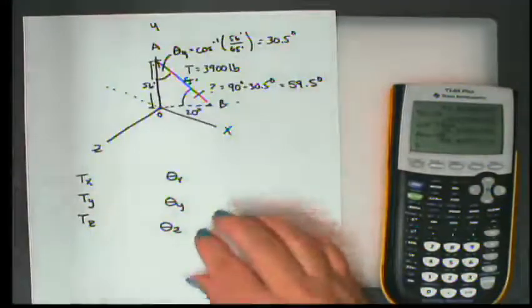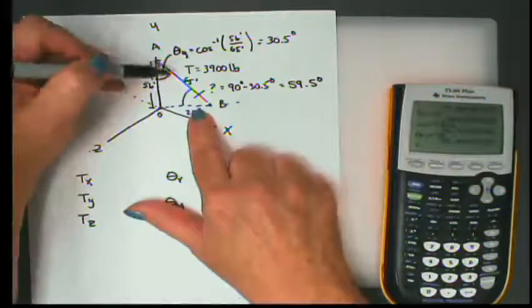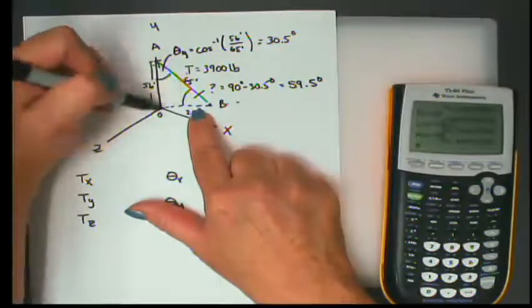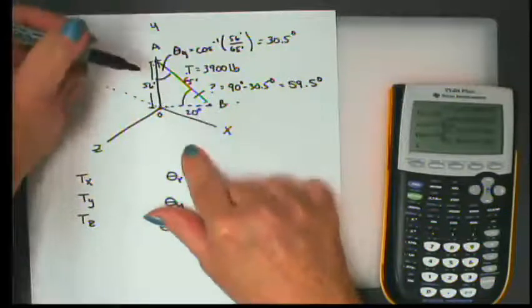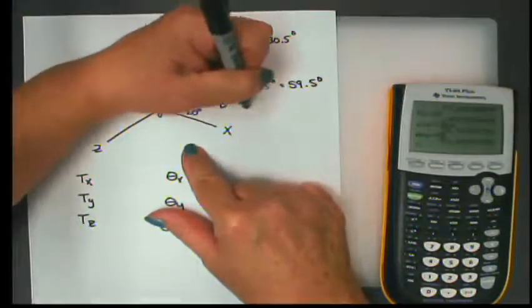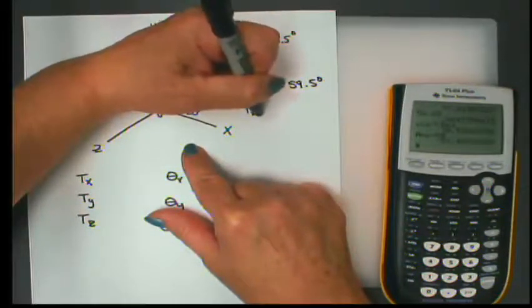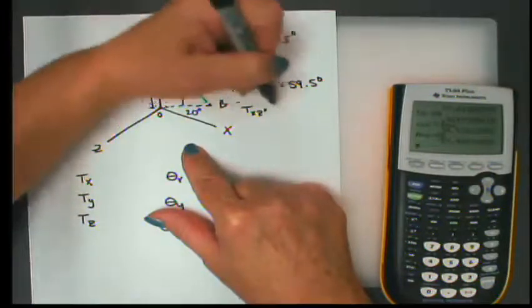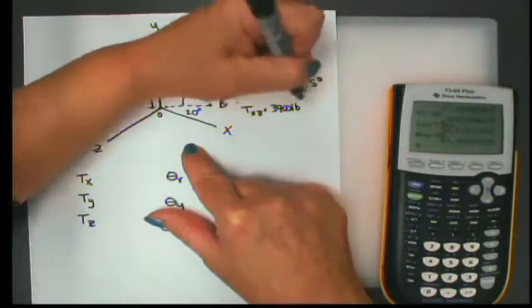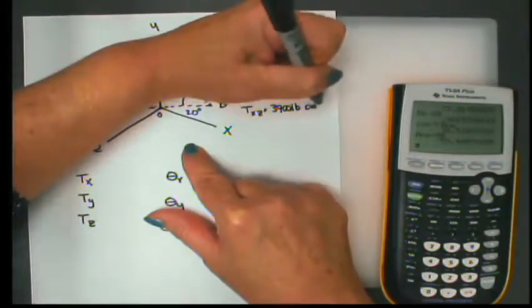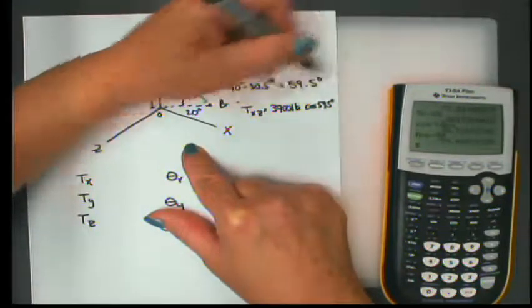Now I can take this tension and find the value of the tension in the xz plane. The tension in the xz plane is the magnitude of the tension, 3,900 pounds, times the cosine of 59.5 degrees.